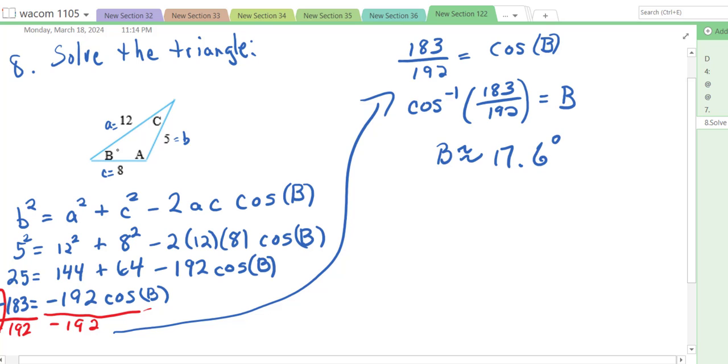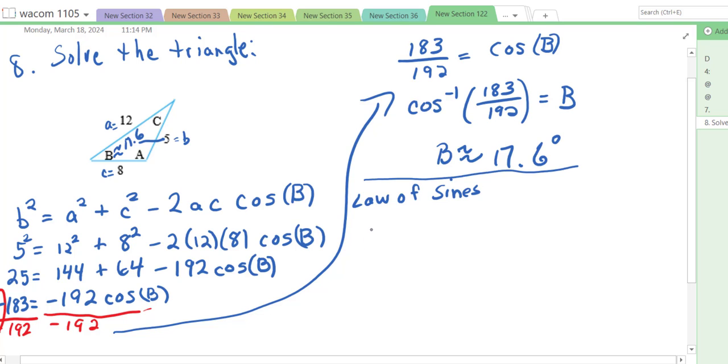Now I have a pair. Once you have a pair, then you can go to law of sines. Until you do, you have to use law of cosines. All right, and so I'll be finding an angle, so I'll put the angles on the top, and I'll go for the smaller one.